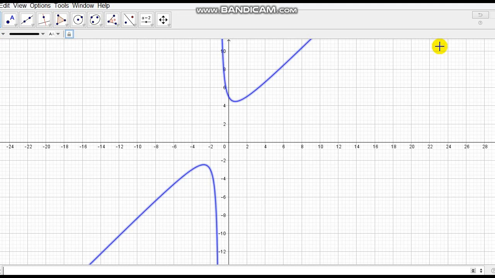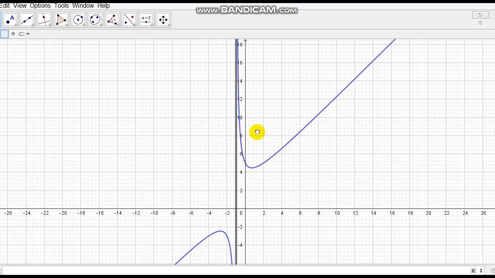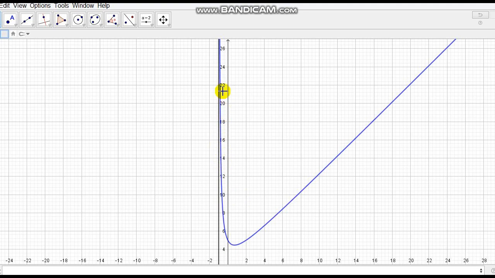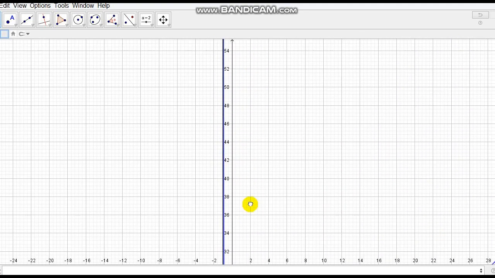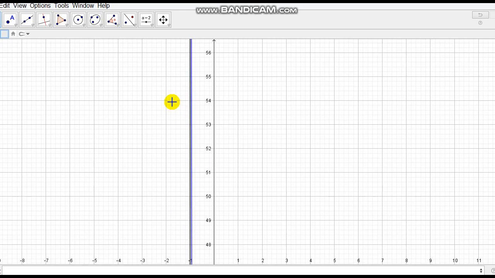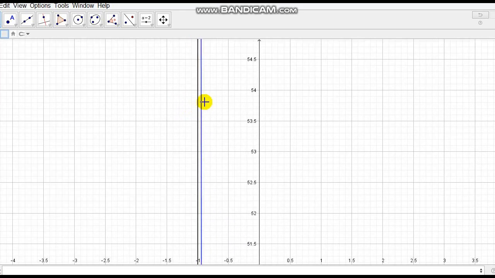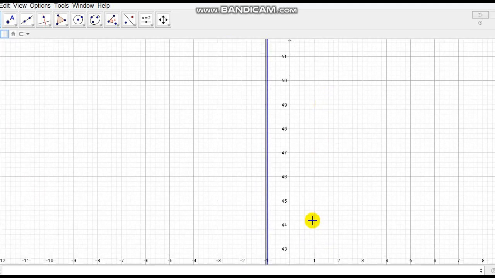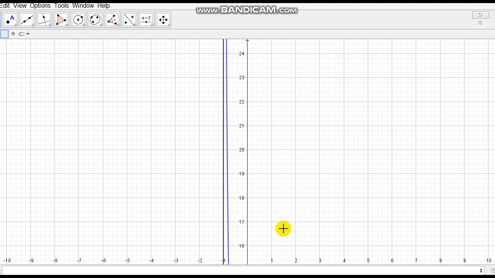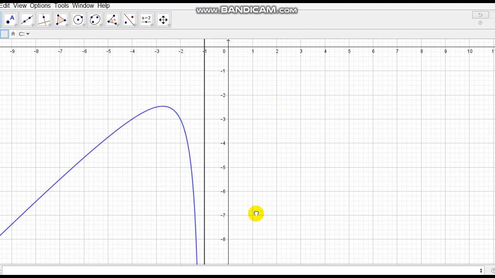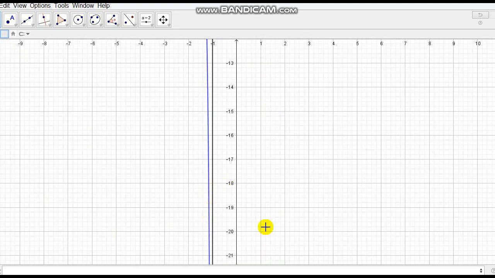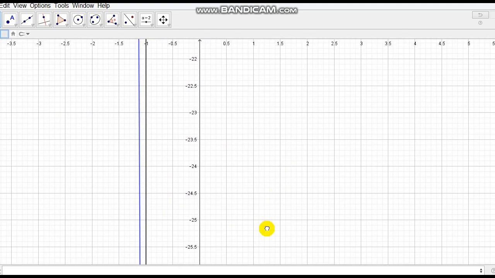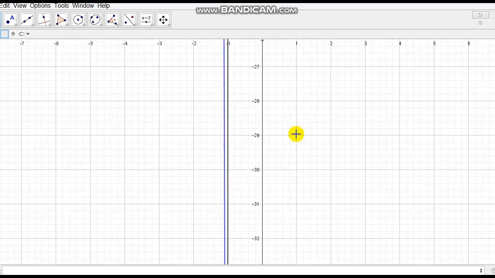So our first one is the vertical asymptote, x equals negative 1. As we can see here, the graph approaches that line, it becomes closer and closer, but it never reaches that part. That happens upward and downward as well.